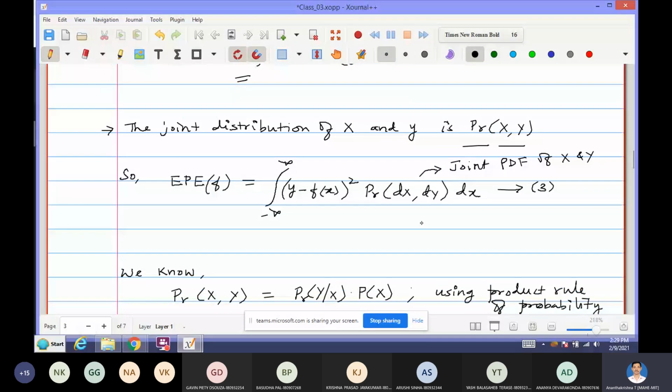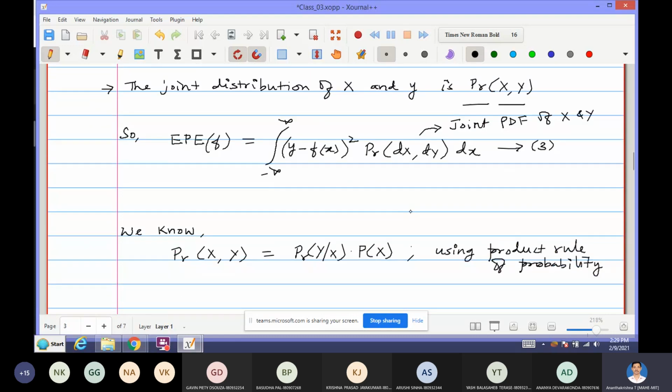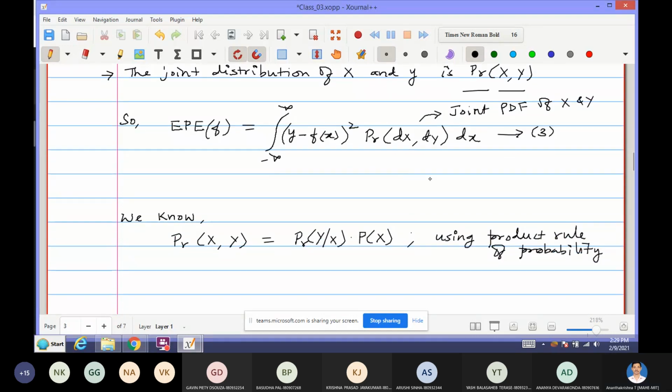So this is equation 3 shown here, an expanded version of equation 2. Hope that's clear from our knowledge of probability and random processes.